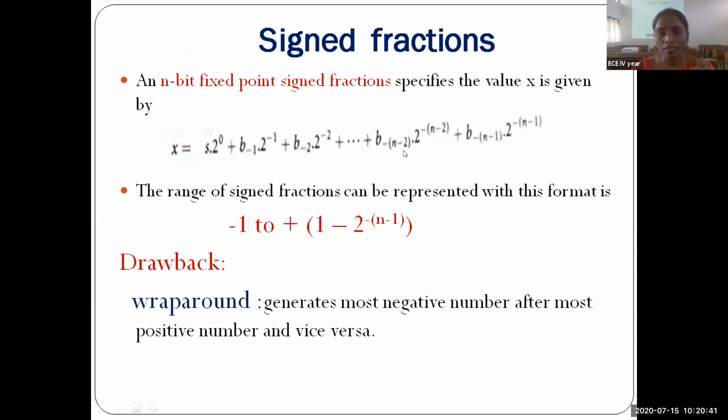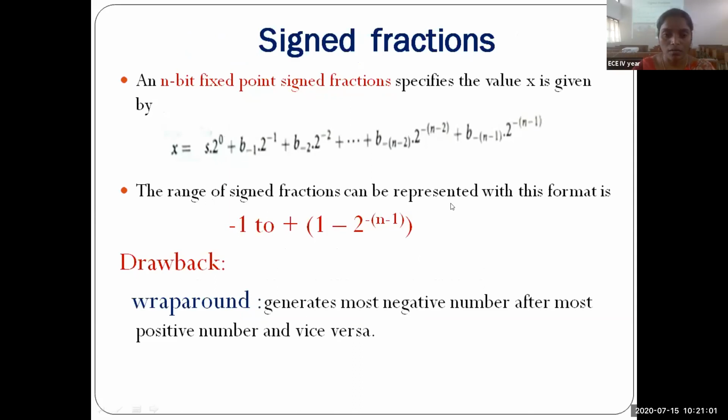Next, similarly, signed fractions. How to get the fractional equivalent value? First bit into 2 power minus 1, second bit into 2 power minus 2 and so on. No need to consider the sign bit here; a sign bit of 0 means positive and 1 means a negative number. Also note the range of signed fraction values.